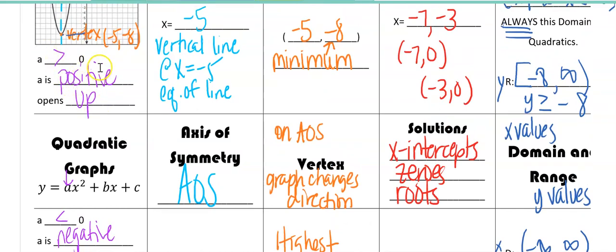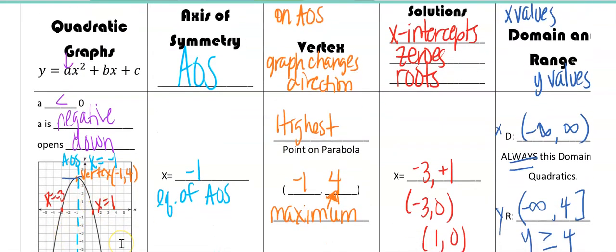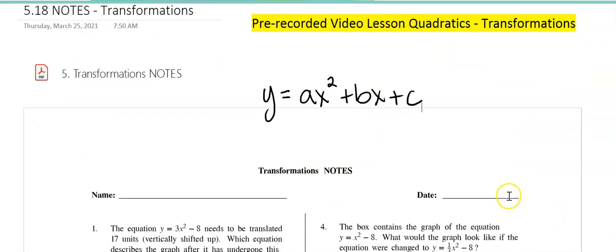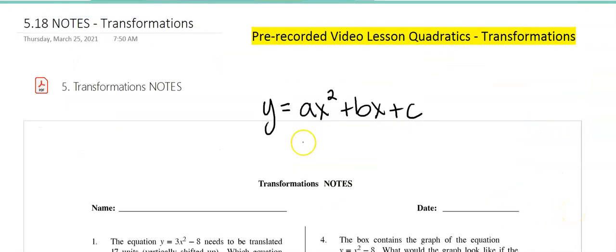When the a is greater than 0, it's positive and it opens up. And when the a value is negative, it opens down. So we discussed that very briefly, and some of that is going to be applicable here. So what I want to talk to you about is the a value, which is really important. If it's positive or minus, that tells you if it opens up or down.